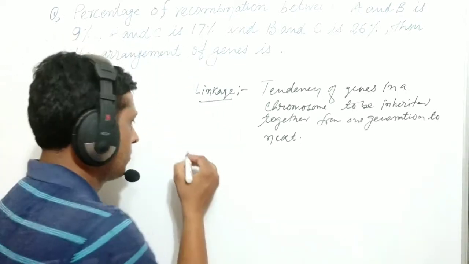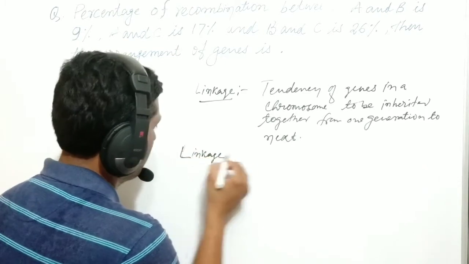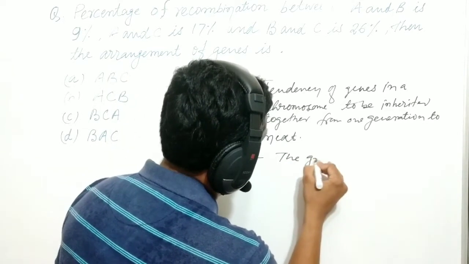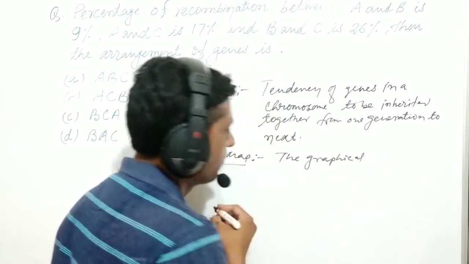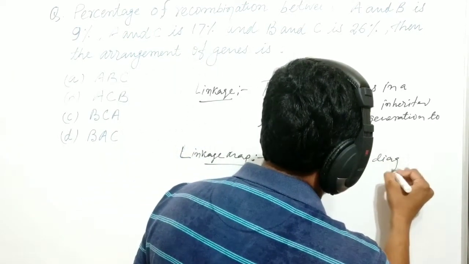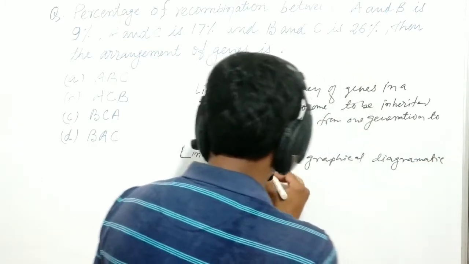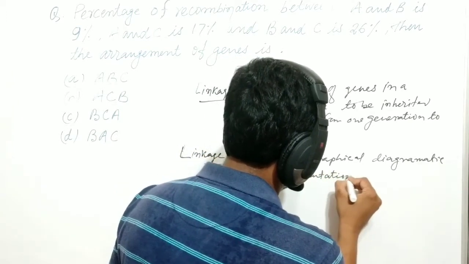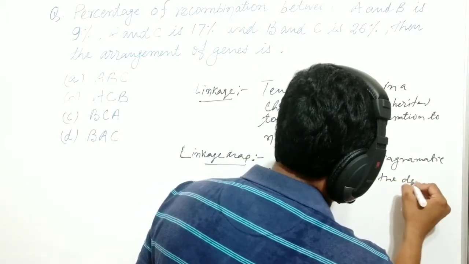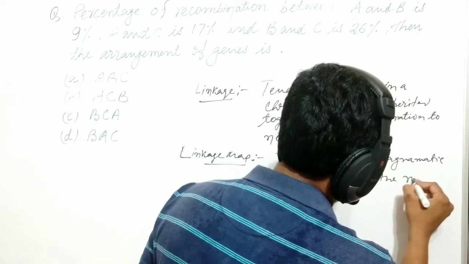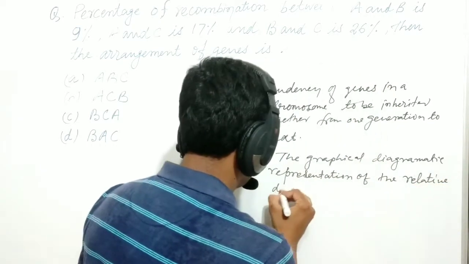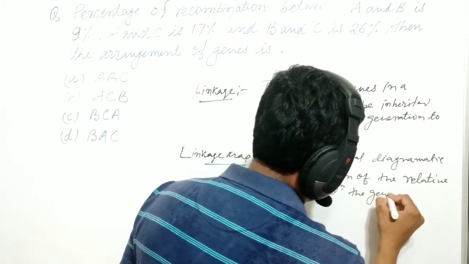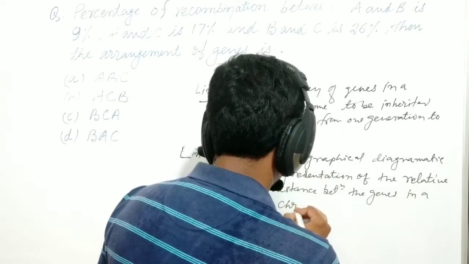Now, what is a linkage map, or genetic map, or crossover map? It is the graphical, diagrammatic presentation of the relative distance between the genes in a chromosome.